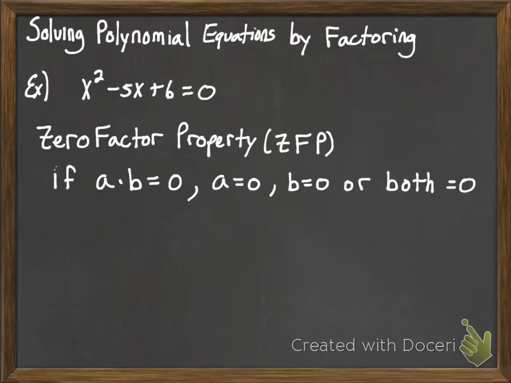So either A is 0, B is 0, or it could turn out that they're both 0. But that's a true fact. I mean, most people probably get that real quickly without a whole lot of thought.